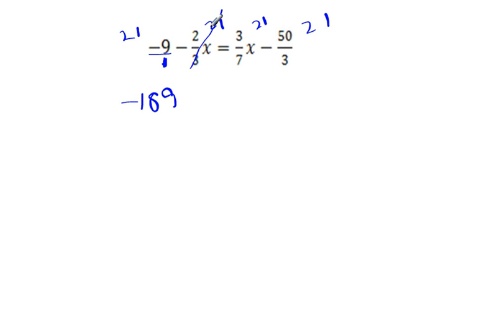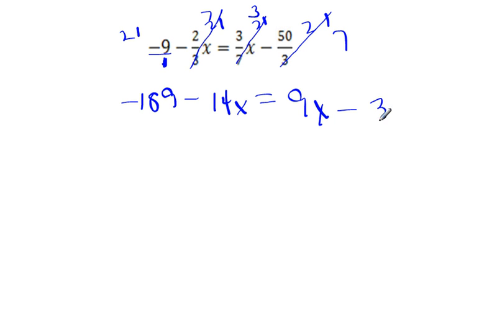Here it does reduce. 21 divided by 3 is 7, so it's minus 2 times 7 times x equals, and then here the 21 and the 7 cancel or reduce to a 3, and I have a 3 and a 3 and an x, so that's a 9x. Reduce this to a 7 and minus, so 7 times 50 is 350.